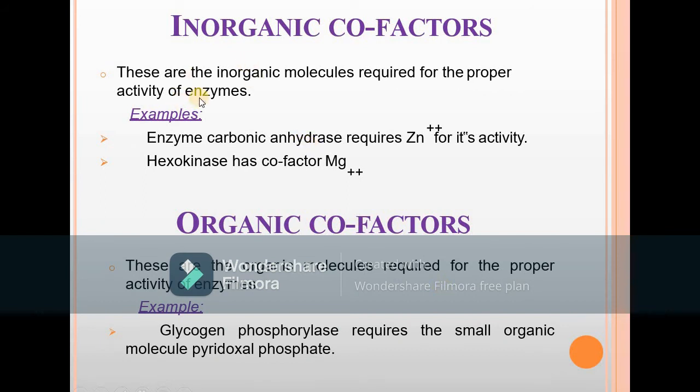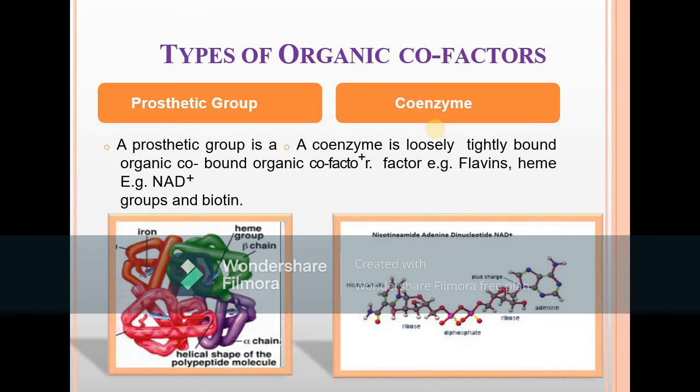Inorganic cofactors are inorganic molecules required for the proper activity of enzymes. Organic cofactors are organic molecules required for the proper activity of enzymes. There are types of organic cofactors, the prosthetic group and coenzymes. Cofactors can be either inorganic or organic. If organic cofactors are tightly bonded to the enzymes, they are called prosthetic groups. If they are loosely attached to the enzymes, they are called coenzymes.